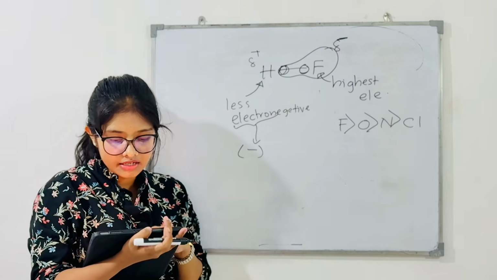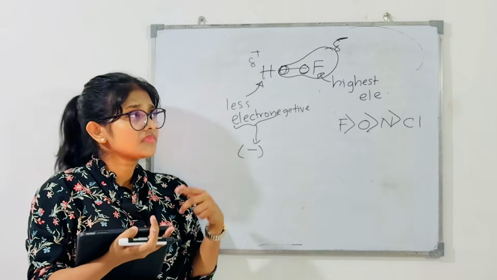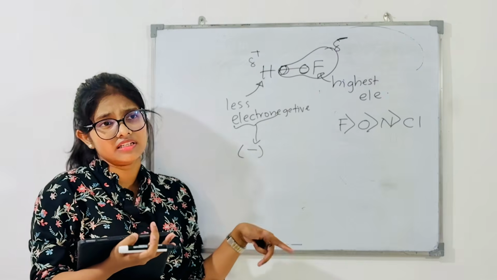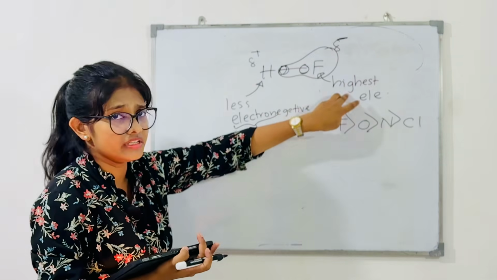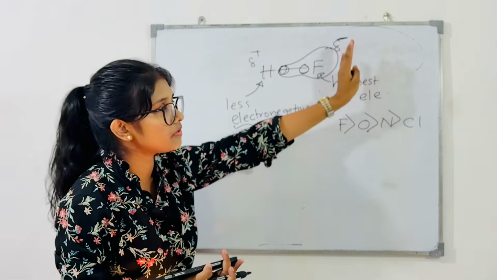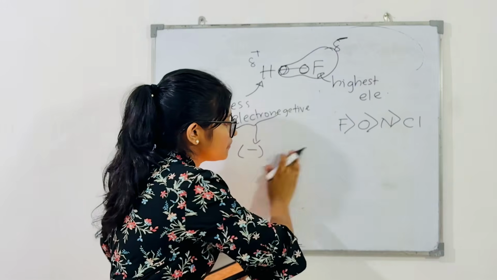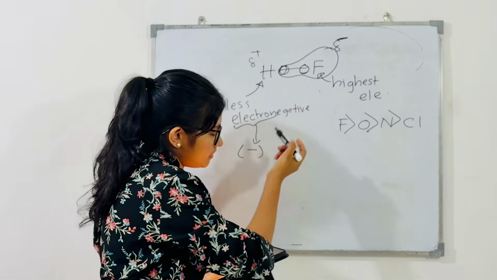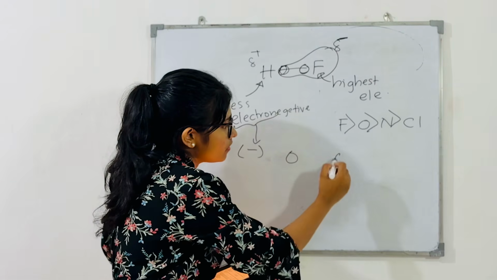Okay, let's read the answers. Electrons of the bond of HF are distributed symmetrically. Is it correct? No. Fluorine is much more eager about the electrons, so it attracts more electrons. It can be symmetrical if both elements are the same, like oxygen.